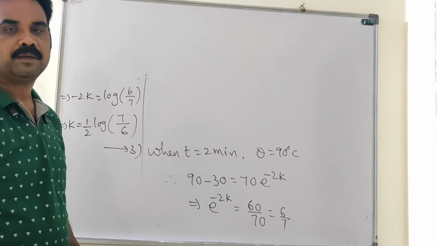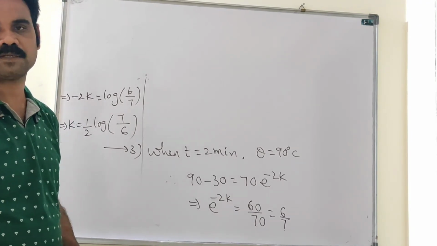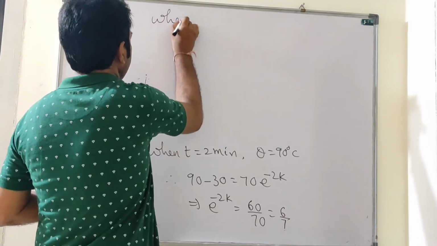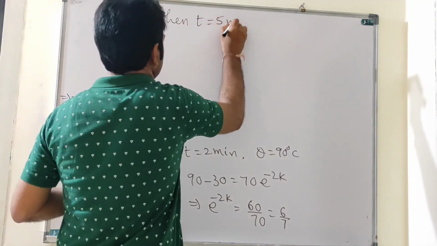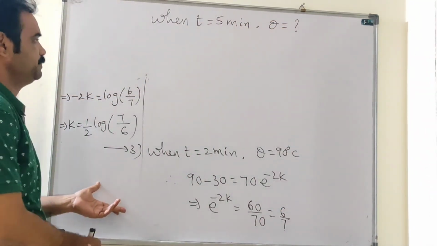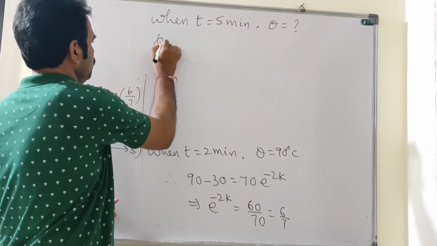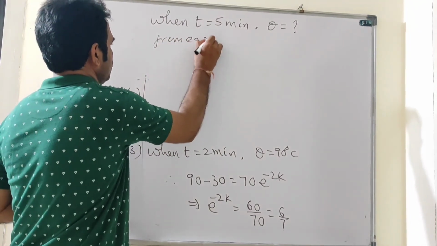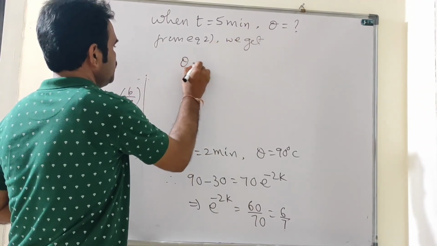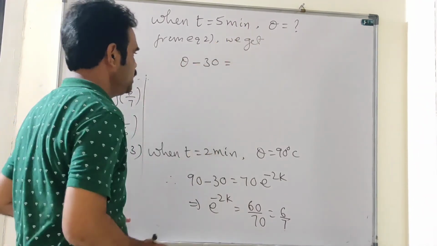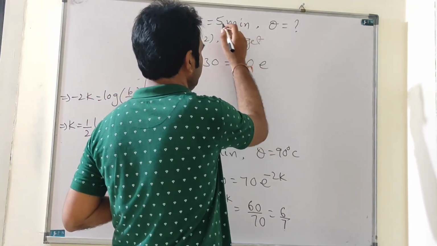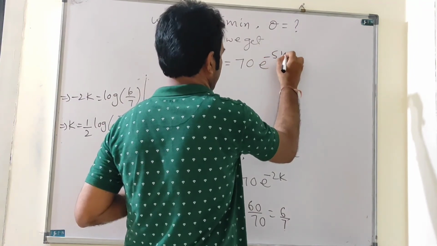Now what we have to find? After 5 minutes, what will be the temperature of the water in the pot? It is when t is 5 minutes. So I have to find the temperature of the water in the pot, theta. Now from equation 2, theta minus 30 is equal to 70 e power minus kt, t means 5, so minus 5k.